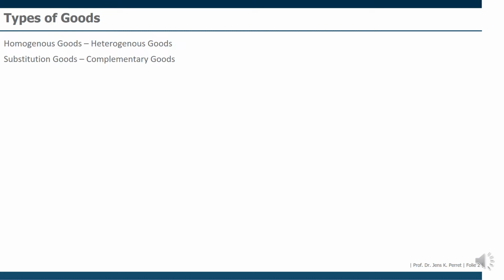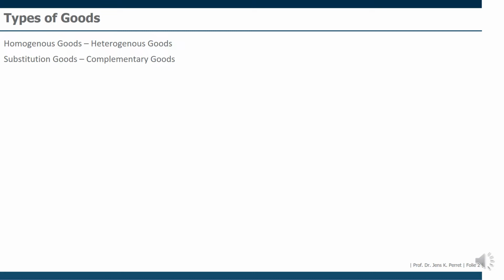Then another differentiation, which some of you might have heard in the context of micro, is between substitution goods and complementary goods. Substitution goods means I can replace one good by another good, by its substitute. Whereas with complementary goods, I need one good to be able to use another good.